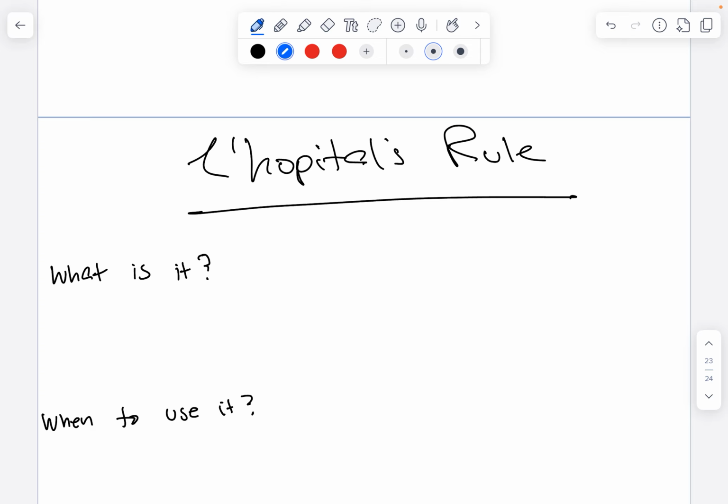L'Hopital's rule is a shortcut to solving limits that result in indeterminate form.